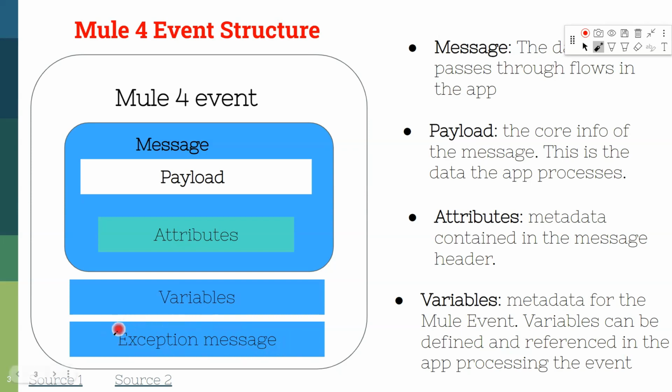When an error is created in a Mule event, it creates an error object. What are the different components of an error object? How do we customize it so that it is more intuitive to the user? Or how do we handle it so that we can continue processing without our application failing? Such things we are going to discuss.